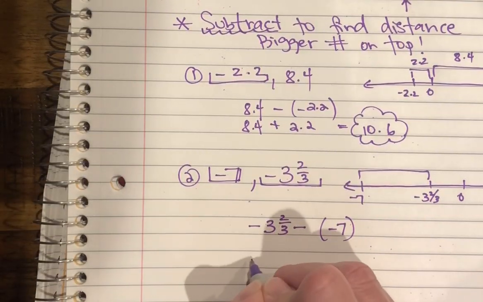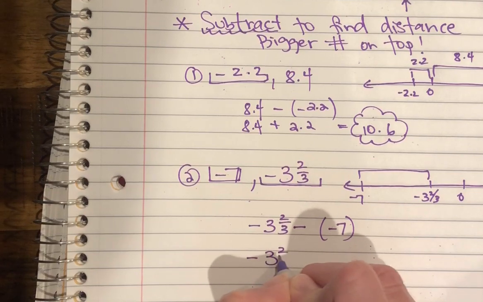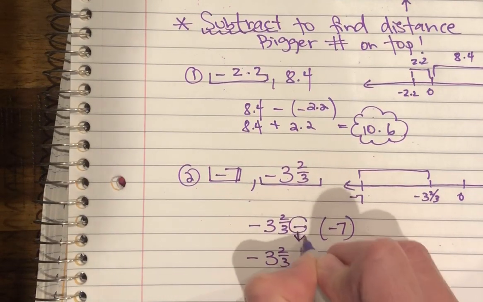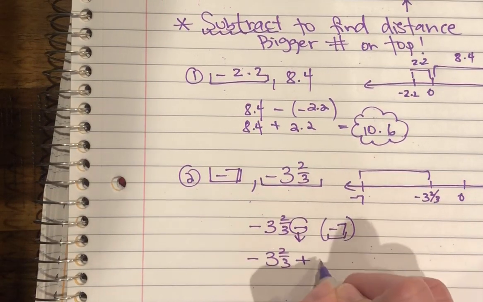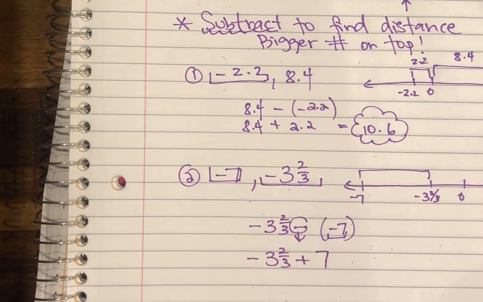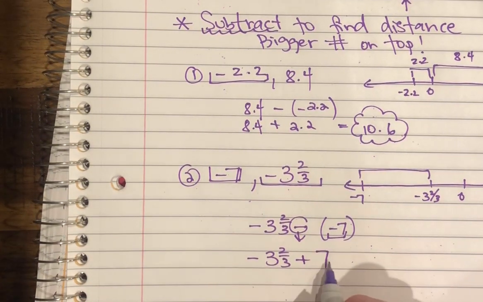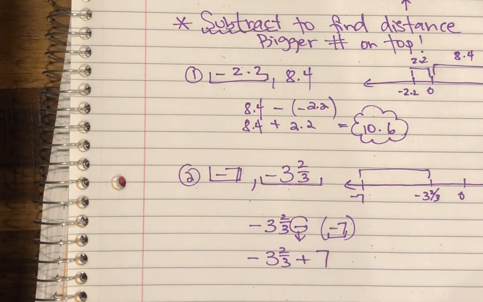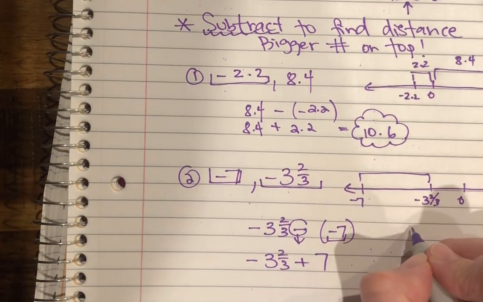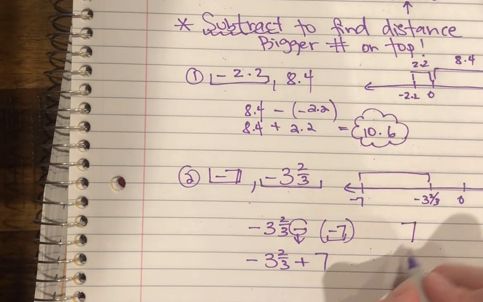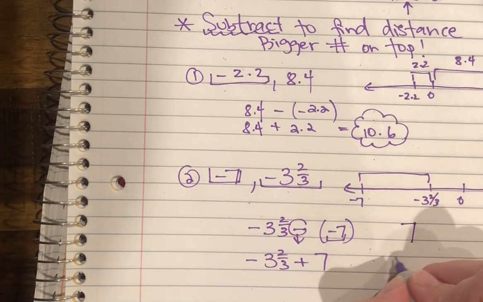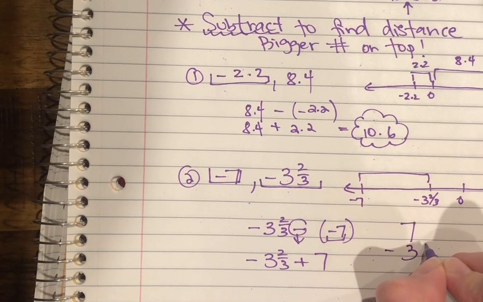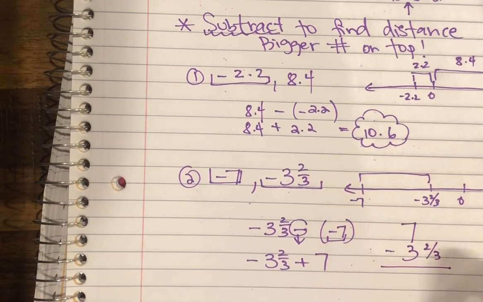Okay, so instead of subtracting -7, we are going to add the opposite of -7, which is +7. I have 7, I owe 3 and 2/3. We're gonna subtract these to figure out what I have left. So 7 minus 3 and 2/3.